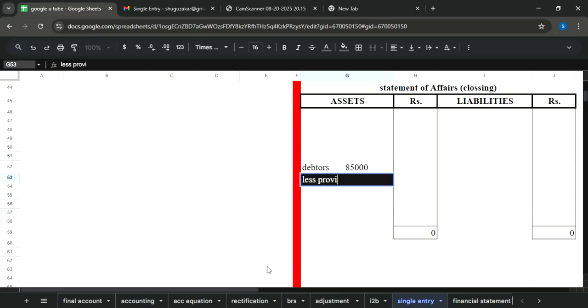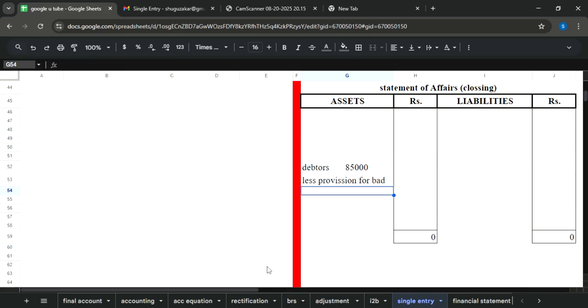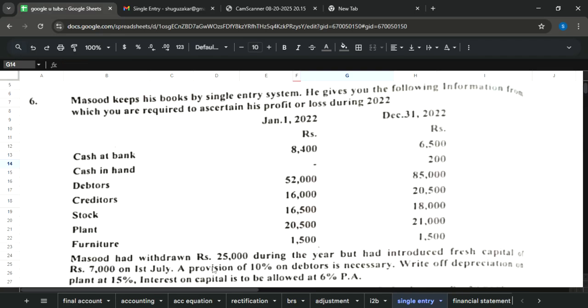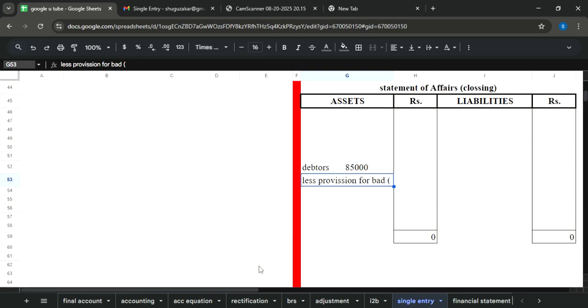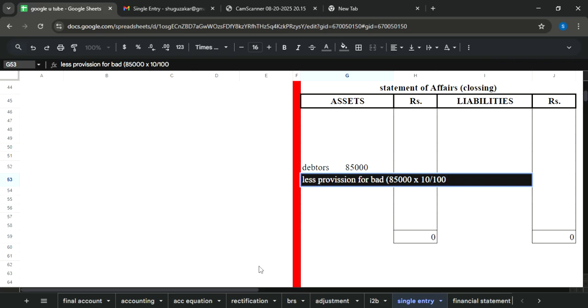Let's make the provision for bad debts. And how will you calculate this provision? It was said to calculate 10%. Once again, I'm letting you know this is 10%. So here amount of debtors 85,000. Then you will take 10% and this would be 8,500.